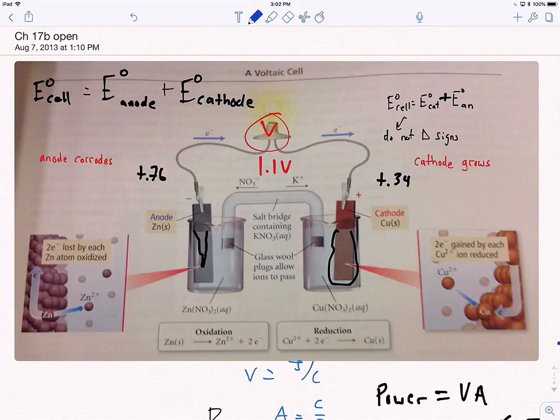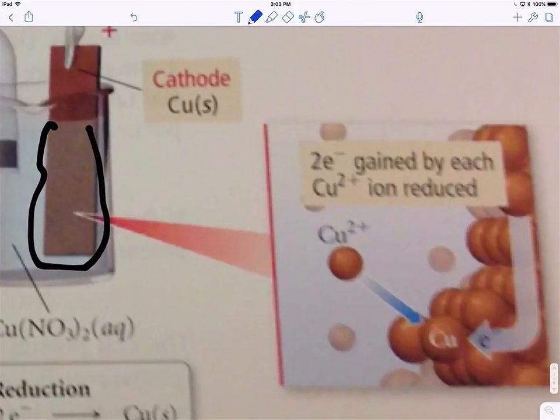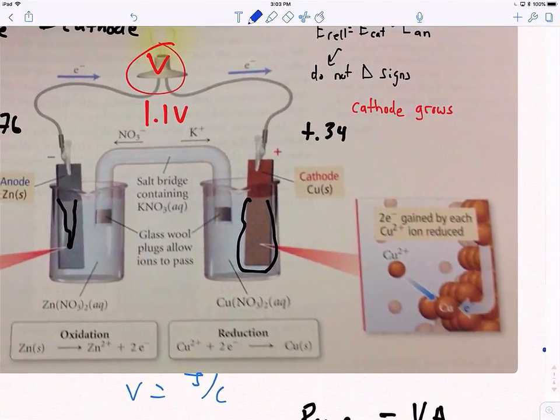And then the electrons, when they leave the zinc, will travel along the wire and go over to the cathode. Along the cathode, you have the cations, in this case copper. The copper cations are receiving electrons: copper plus 2 receives 2 electrons and then forms copper metal. So copper metal then grows on the cathode.